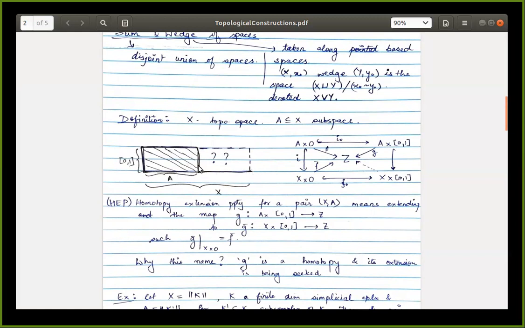Okay, that is why you're saying that you extend the map on this to the whole of this, and not just that, you are extending the homotopy which was given on A.